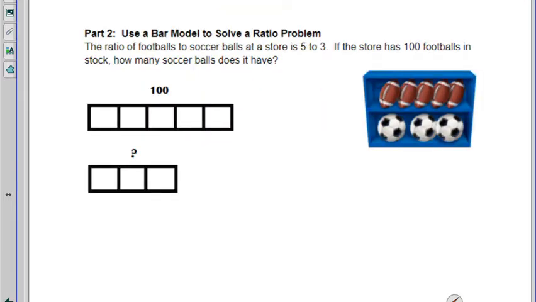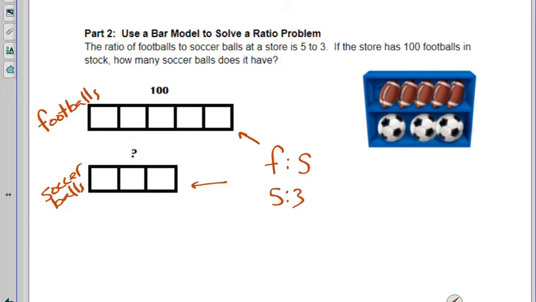Okay, now we're going to use ratios in a bar model to solve a problem. It says the ratio of footballs to soccer balls is 5 to 3. And so I have that ratio set up with this bar model. I have 5 boxes here and 3 boxes there. They also tell me that they have 100 footballs.